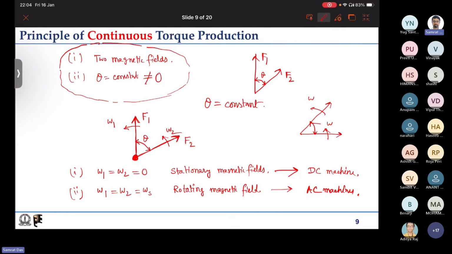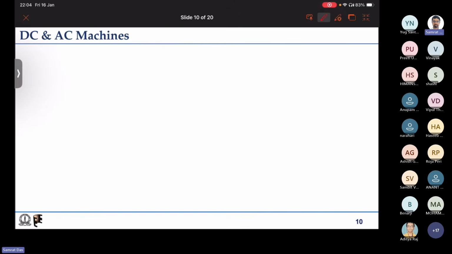Now in AC machines, I have already discussed DC and AC machines. Omega 1 equals omega 2 equals omega s, but there is another speed, that is the rotor speed. If our rotor speed omega r is the same as omega s, that is, the rotor is rotating at the same speed as the rotating magnetic field, then our rotor is in synchronism with the magnetic field speed.